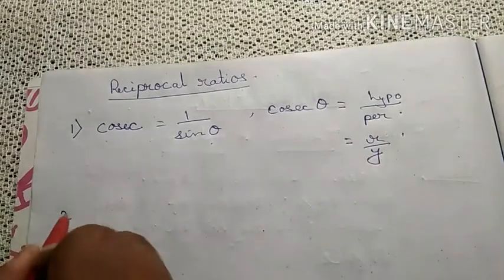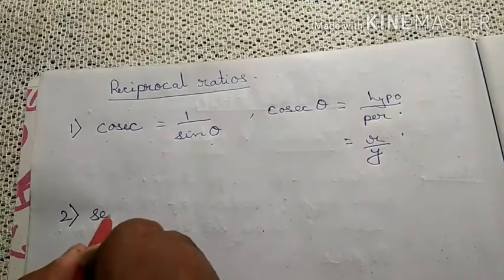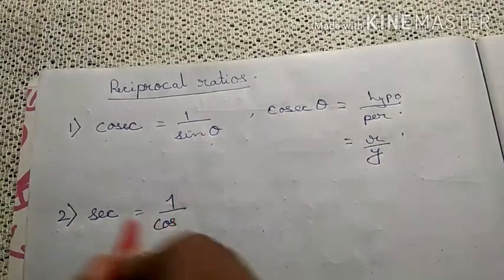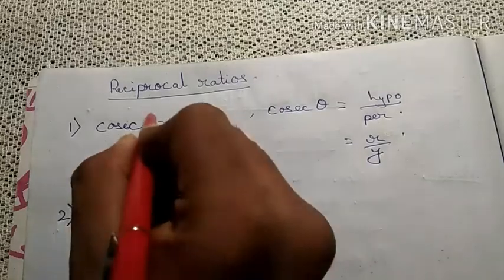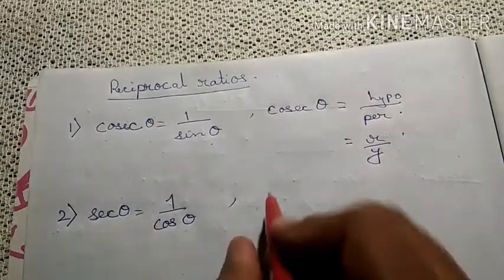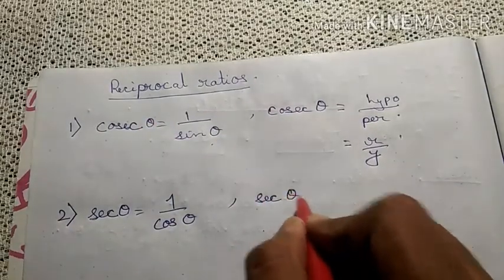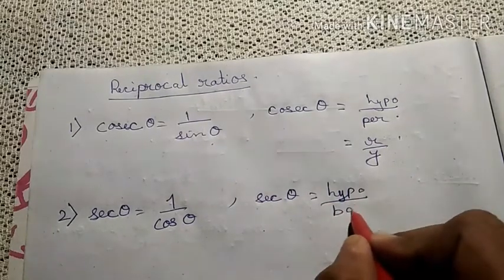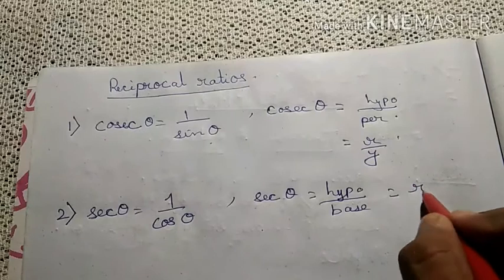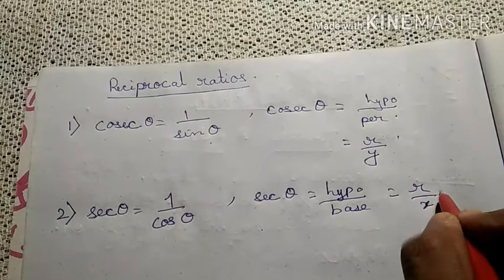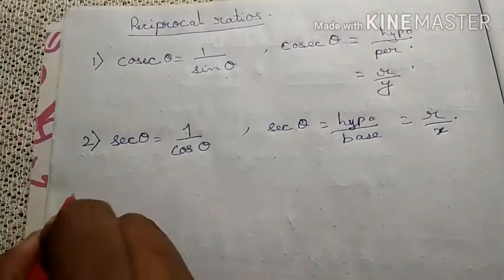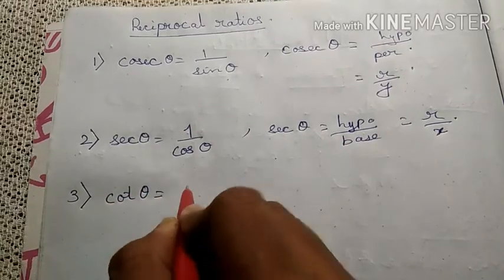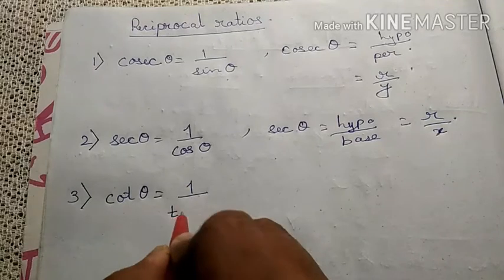The next, number 2, is sec, that is the reciprocal of cos. So sec theta would be equal to the ratio of hypotenuse by base, so that is r by x. Okay, then the third one is cot theta, that is the reciprocal of tan, 1 by tan.